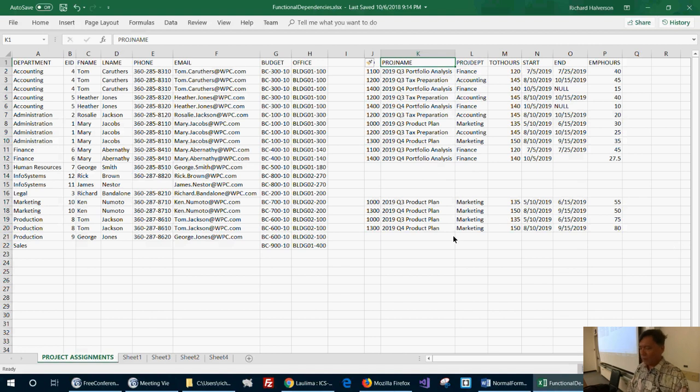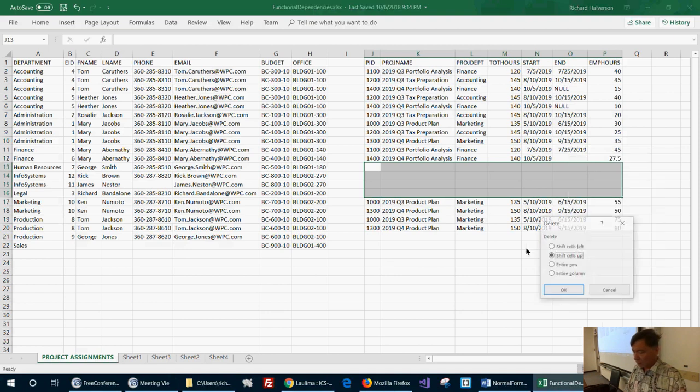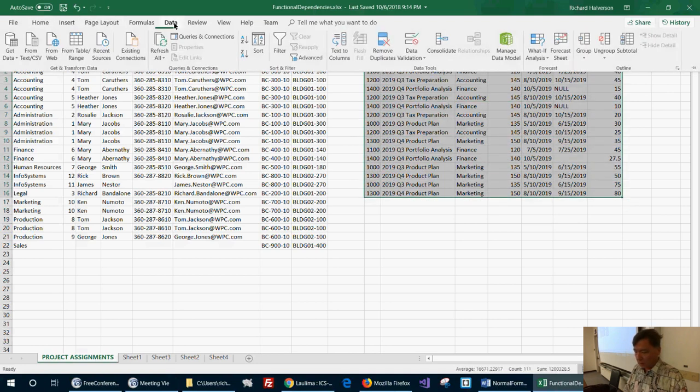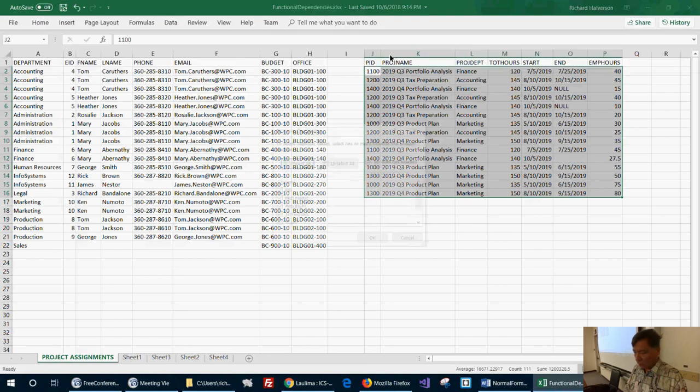Take out these empty ones, and if there's any doubles, more than one in here per project, which there may be, there's two 1100s and so on. You can delete this, shift the cells up, and then you can select this and remove duplicates. Boom.